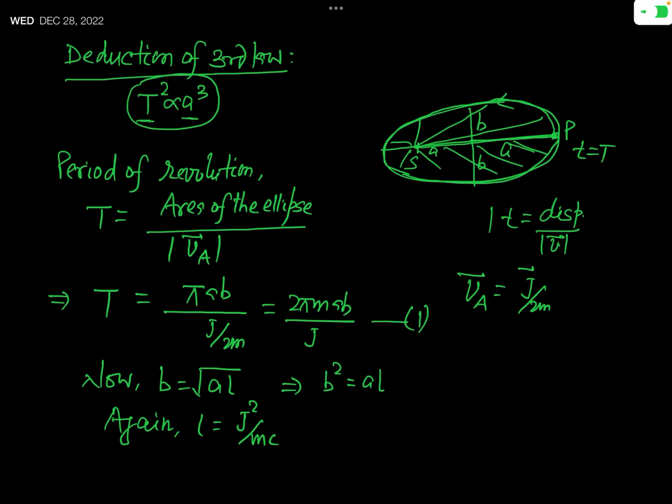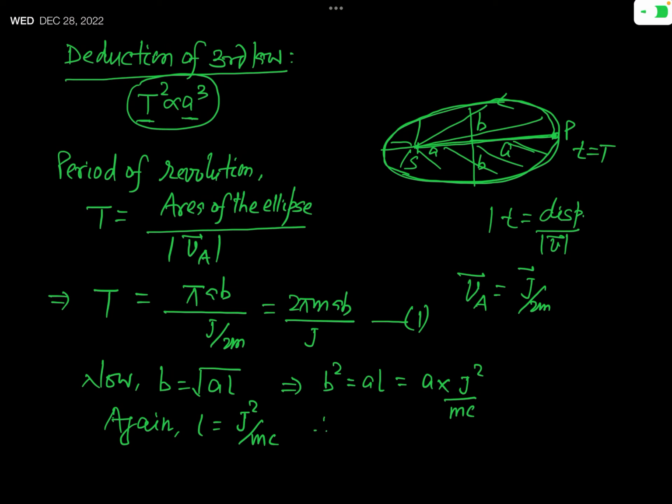This is equal to AL. And L is equal to what? L is equal to J square by MC. So B square is A times J square by MC.